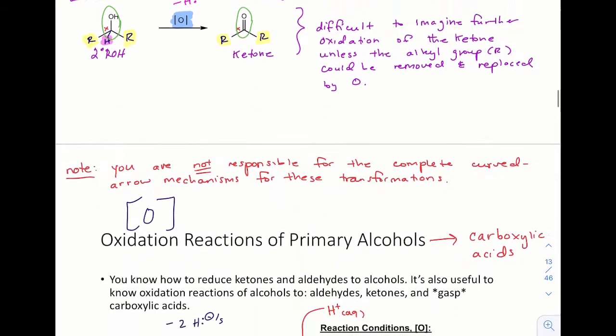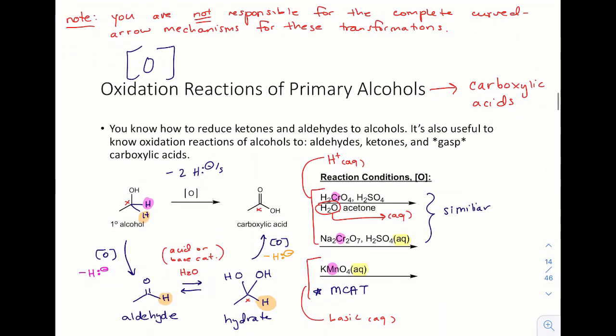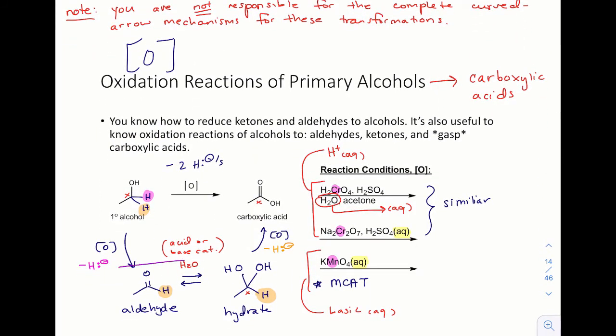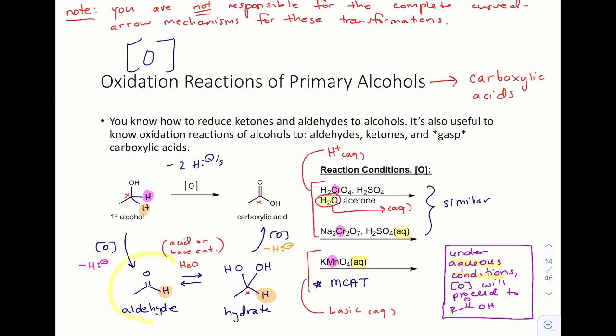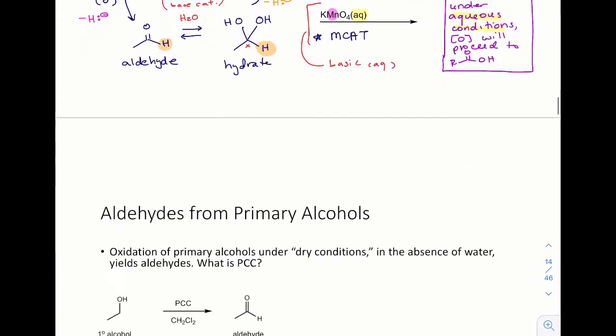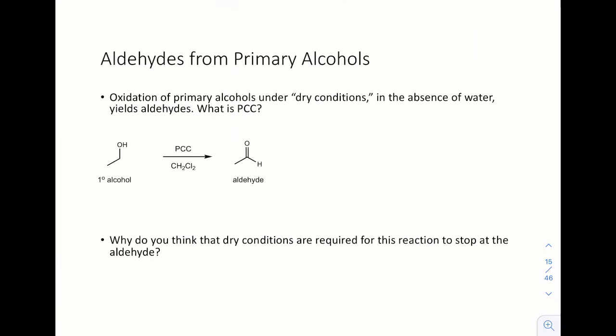Now, the answer is no under aqueous conditions. Under aqueous conditions, you cannot prevent formation of the hydrate, and thus the oxidation will proceed all the way to the carboxylic acid. So the problem here is water. And the answer to stopping at the aldehyde will simply be oxidations in the absence of water, so anhydrous oxidations.